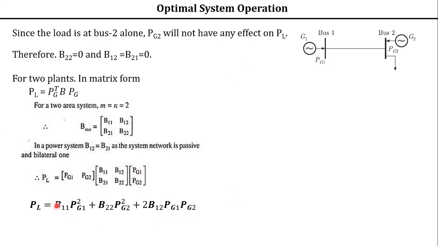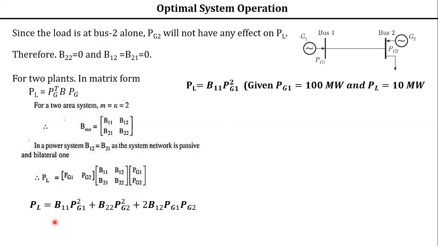Now in this equation, B22 is 0 and B12 is 0. So what is left out? PL is equal to B11 into PG1 square, because B22 and B12 are 0 here.